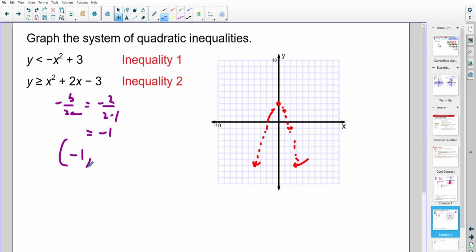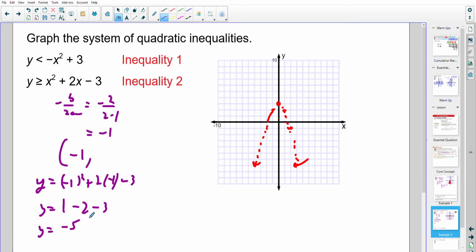So negative 1, and if I put negative 1 in, I get y is equal to negative 1 squared, and I end up getting negative 1, negative 5, which is this point right here. Now it's an equal sign, so it's going to be solid.